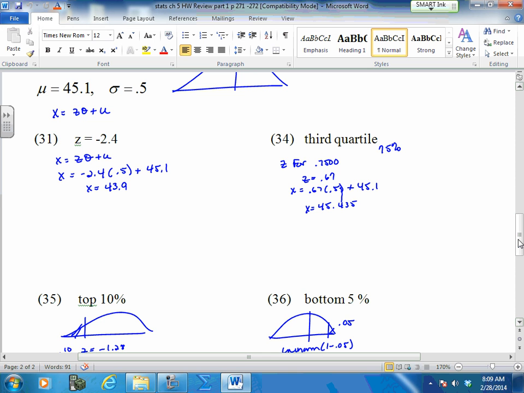Where does 75% of my data fall? Your mean was 45.1. This is feet. Meters. This is meters. It says braking distance in meters. So meters to feet.